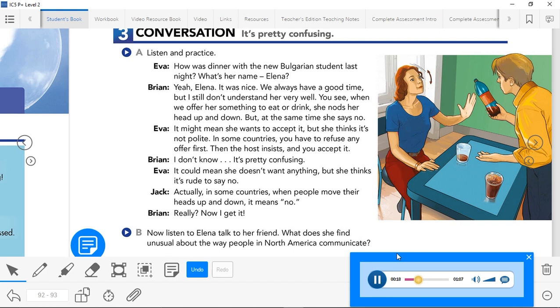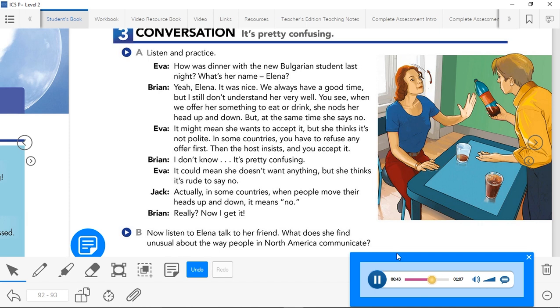How was dinner with the new Bulgarian student last night? What's her name? Elena? Yeah, Elena. It was nice. We always have a good time, but I still don't understand her very well. You see, when we offer her something to eat or drink, she nods her head up and down, but at the same time, she says no. It might mean she wants to accept it, but she thinks it's not polite.